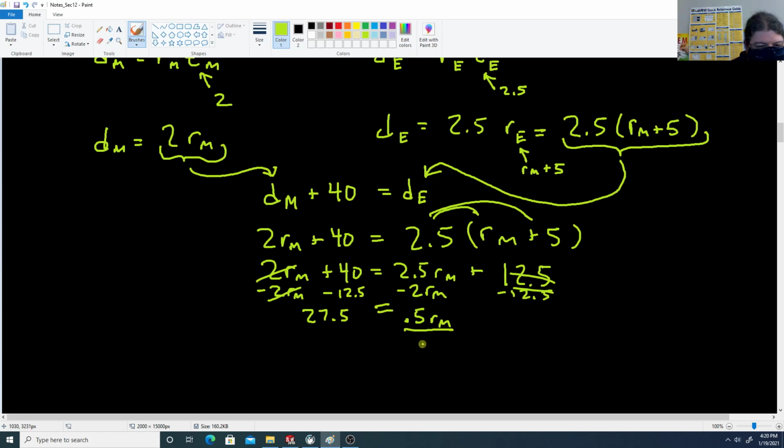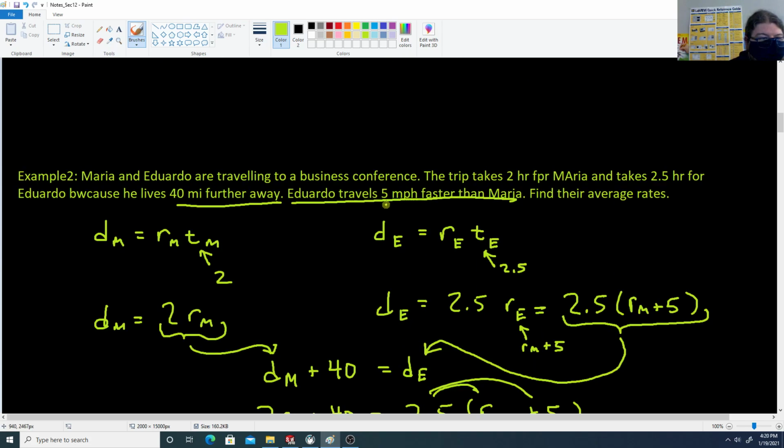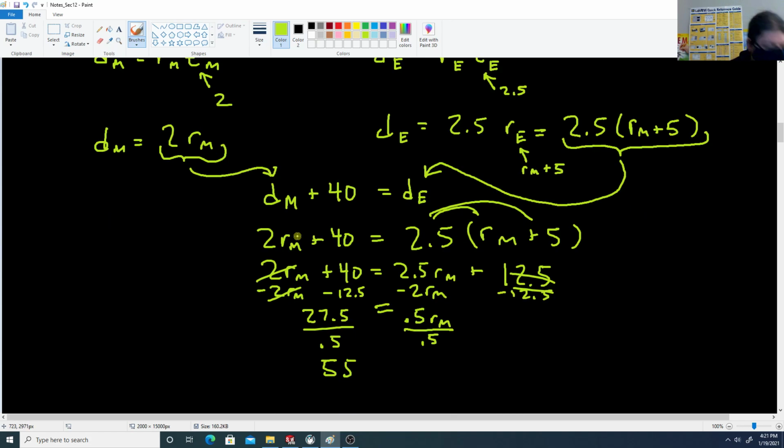To finish up, to get Maria's rate, we divide by 0.5. So dividing by 0.5 should be the same as multiplying by 2. And we get 55. Units were miles per hour. So we get 55 miles per hour is Maria's rate.